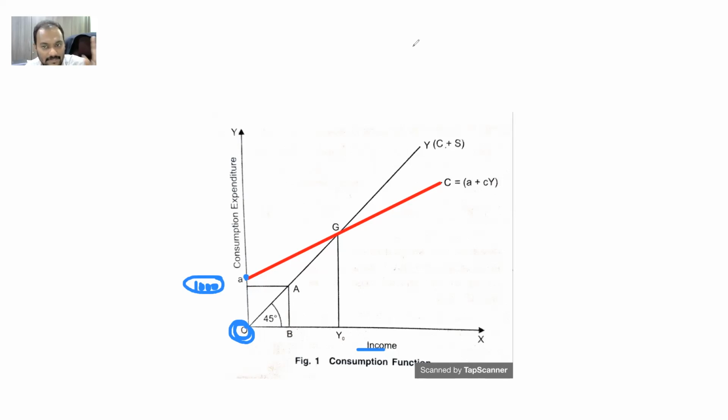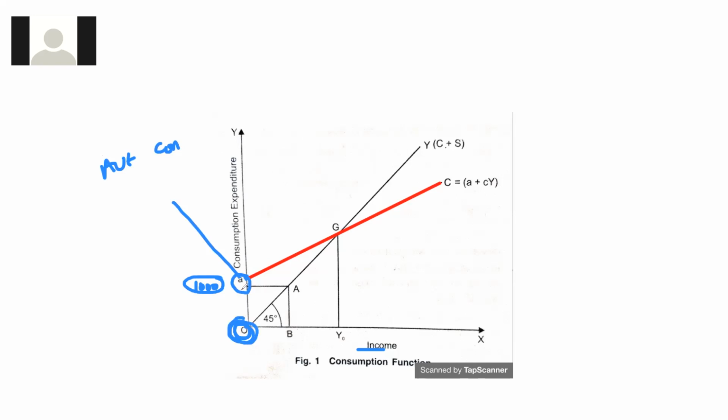This can be a multiple choice question or a 2-mark question. Can you all see the point where this consumption line is touching the y-axis, with the small letter a? You know what this is called? Autonomous consumption. What is autonomous consumption? Consumption at what level of income? 0 level of income.